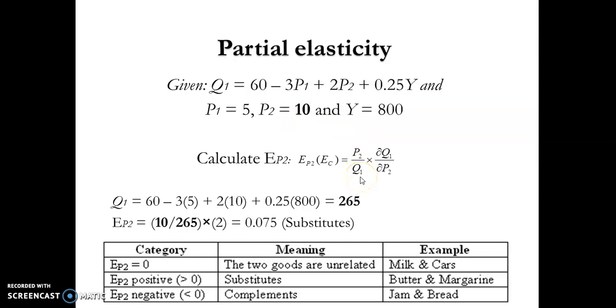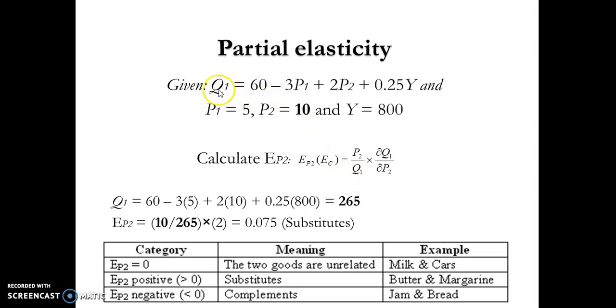And we know from previously that Q1, when you substituted 5, 10, and Y equal to 800 into Q1, we could determine that Q1 was equal to 265. So there I have my P2 and I have my Q1. The next part is saying multiplied by the first order partial derivative of this function with respect to P2, treating P1 and Y as constant.